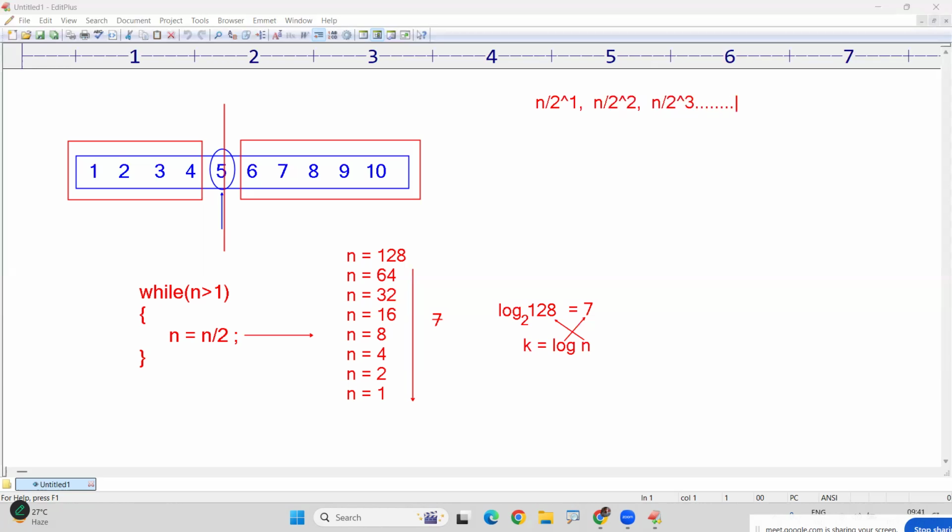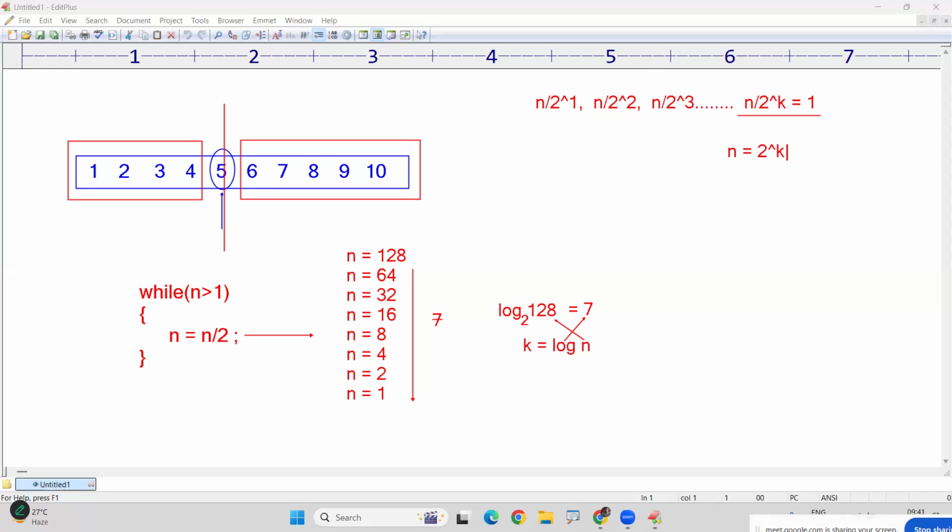And so on. What will it become? N by 2 power k. It reaches 1, so n by 2 power k equals 1. So the 2 power k will go to the right side.